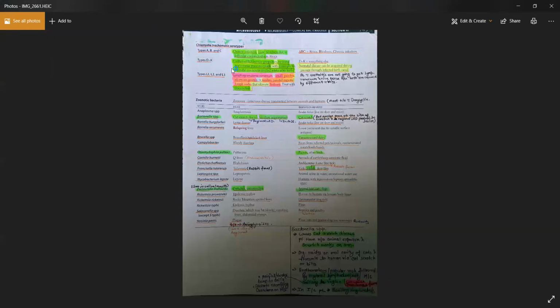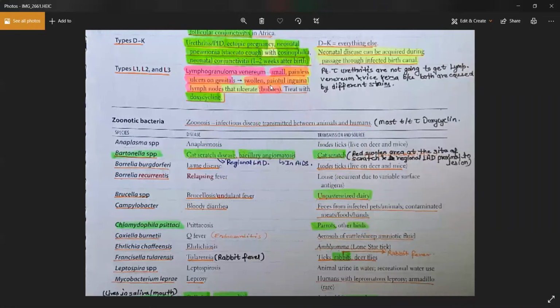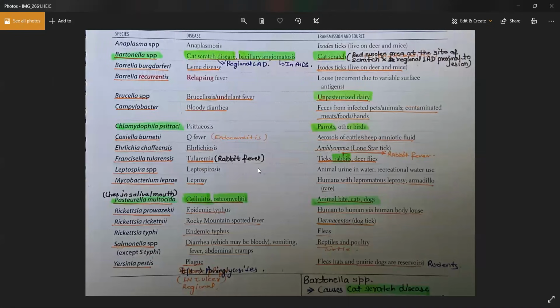In the L1, L2, L3 species, you will get the painful inguinal lymphadenopathy, which are the buboes itself, along with the painless ulcer, right? But in case of Yersinia pestis, you will get just the buboes, no ulcers, okay? That's how you can differentiate between the two.